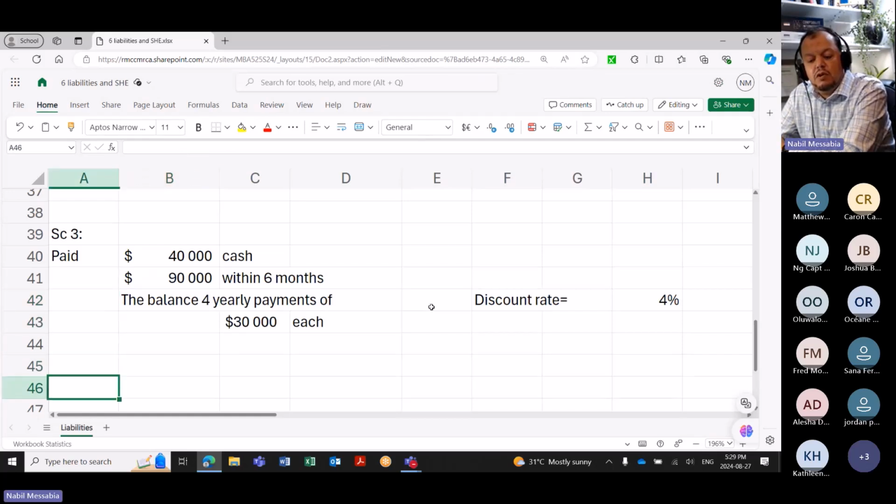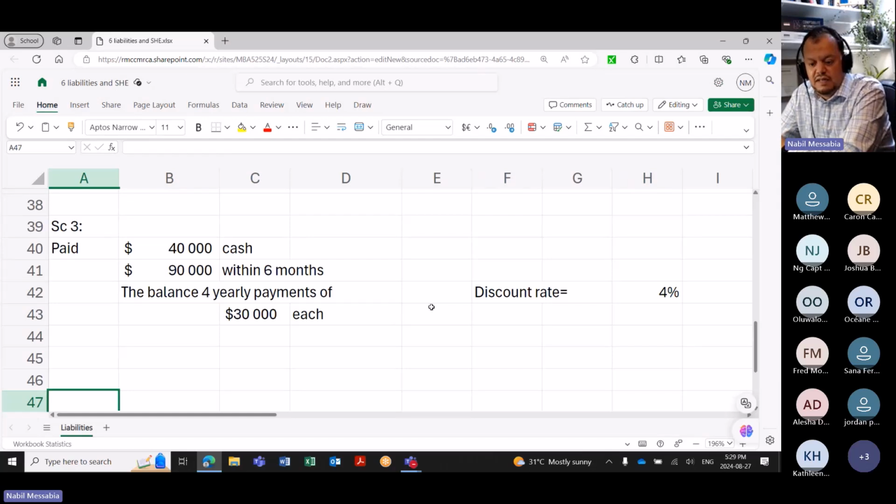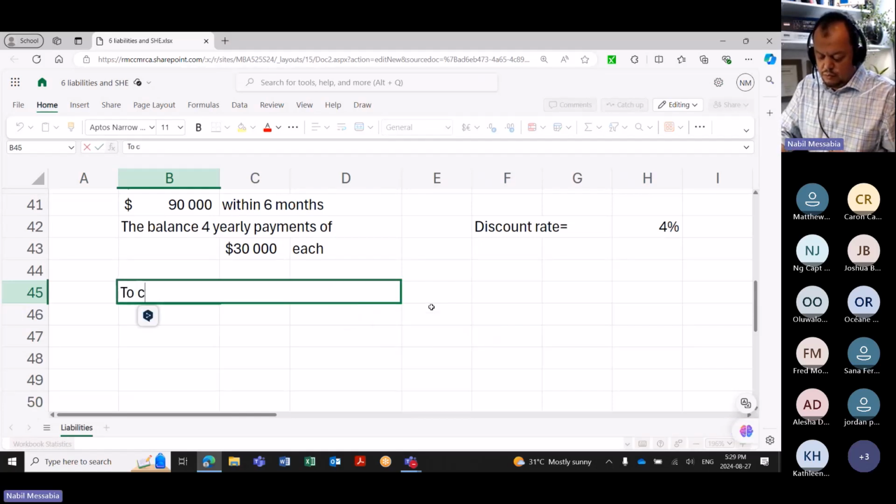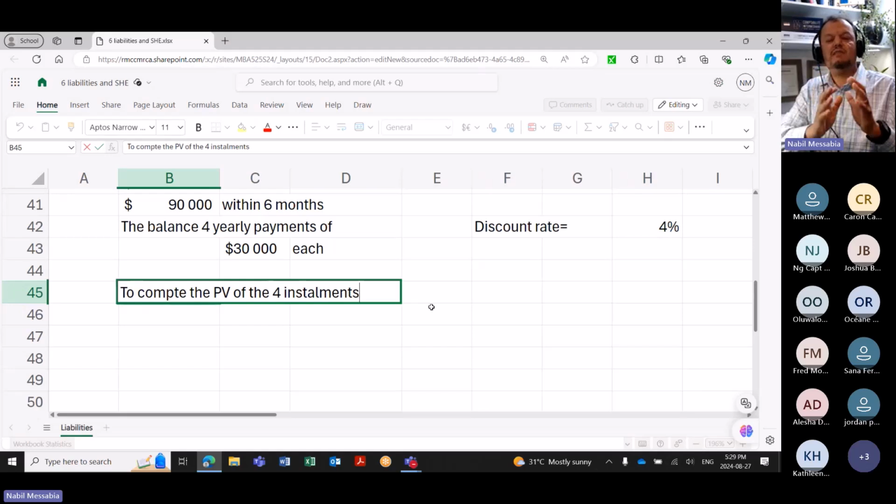Then we also have to calculate the present value in this case for the long-term note. To compute the PV of the 4 installments, note that an installment means the same amount paid every year on a regular basis, same amount and same periodicity.